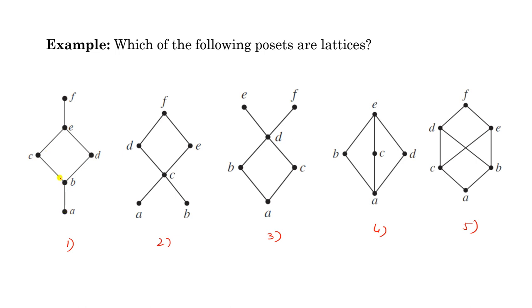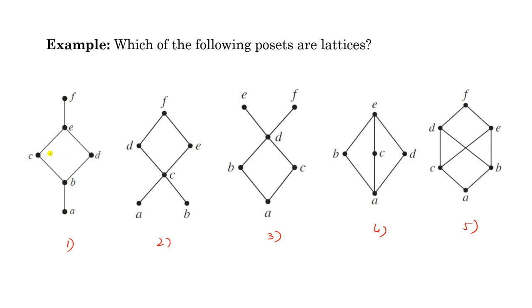If you take AB, then A will be the lower bound as well as the greatest lower bound. Similarly, B will be the upper bound as well as the least upper bound. So for every two elements in this linear order, you will find a greatest lower bound and least upper bound. So we need to check elements like C, D.